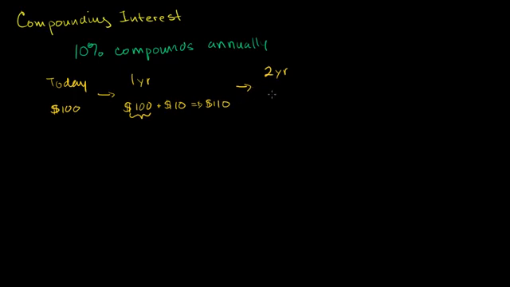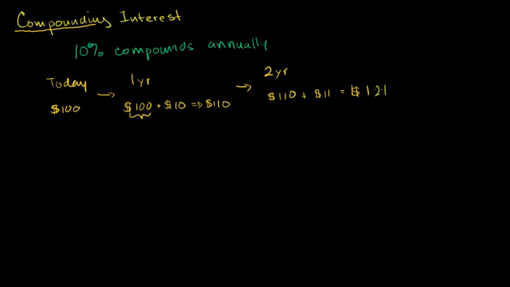So you're going to get 110, your deposit entering your second year, plus 10% on that, not 10% on your initial deposit. That's why we say it compounds. You get interest on the interest from previous years. So 110 plus now $11. Every year, the amount of interest we're getting, if we don't withdraw anything, goes up. So now we have $121.